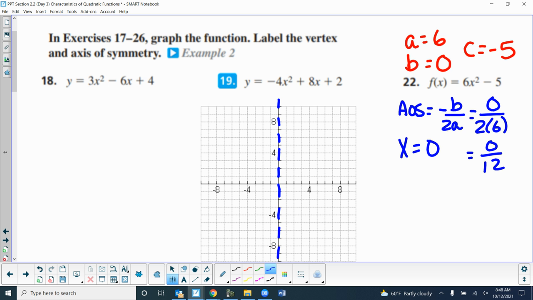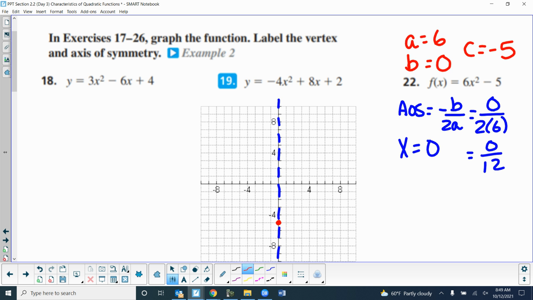What's the y-intercept? Negative 5, right? Whatever the c value is, right? So my y-intercept's here. Okay. Does this open up or down? Up. Right? Because my a was positive 6.